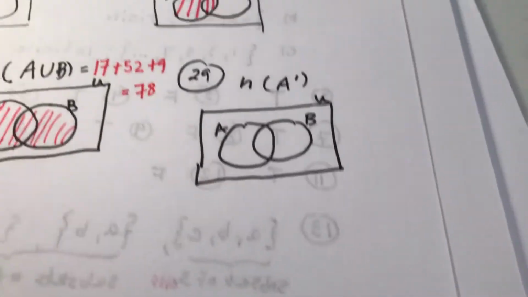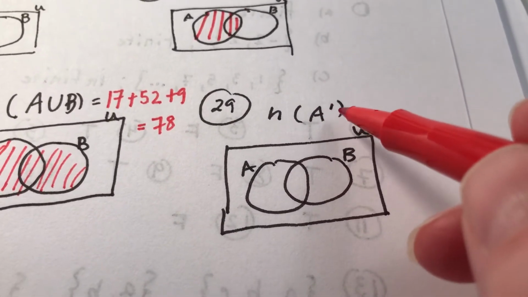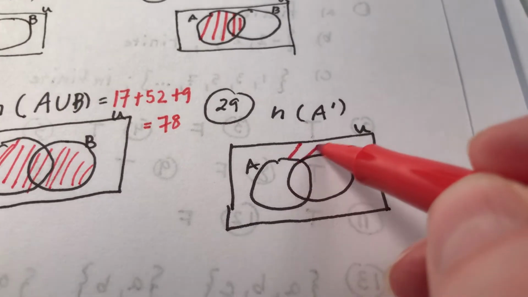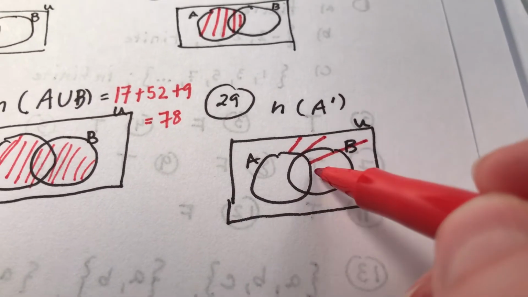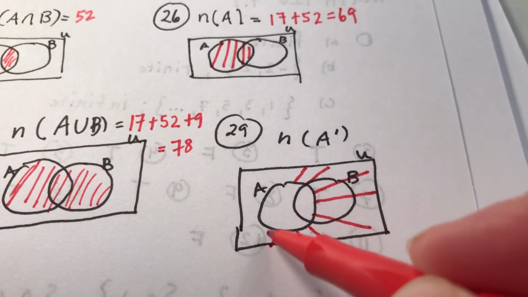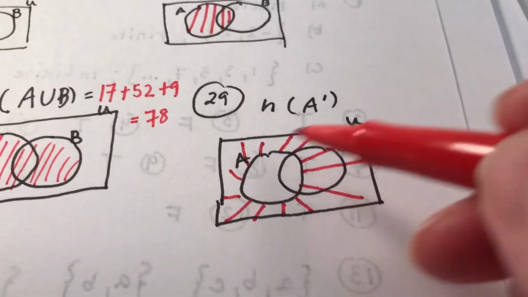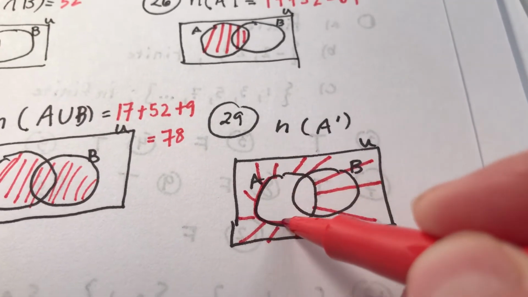Now, the number in A complement is the next one. A complement. Now, A complement is everything. So I go to A and pull away from A like a little sunshine here. So it's everything outside. Here's A right here.